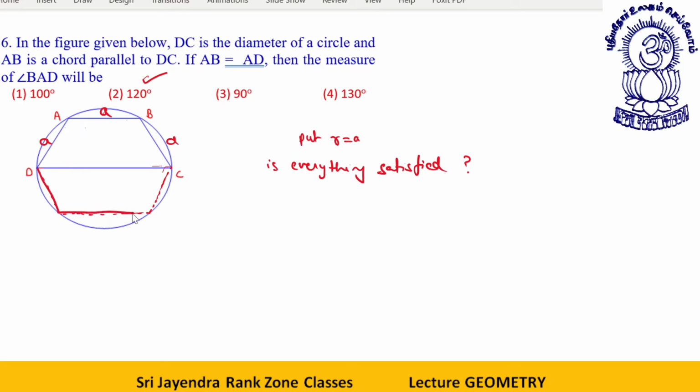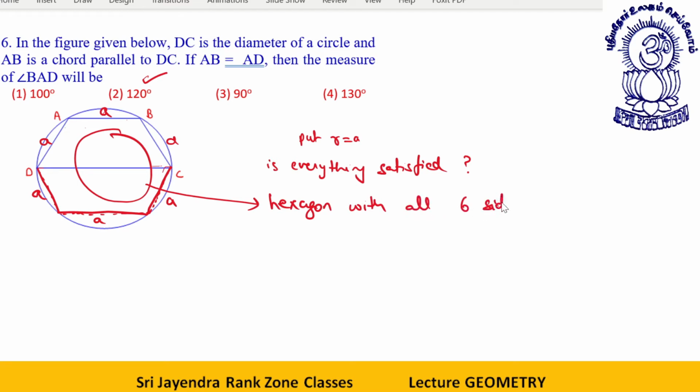So now what will happen, dear students? Now you will get another figure over here. This is a hexagon with all six sides equal. Therefore, it is a regular hexagon.